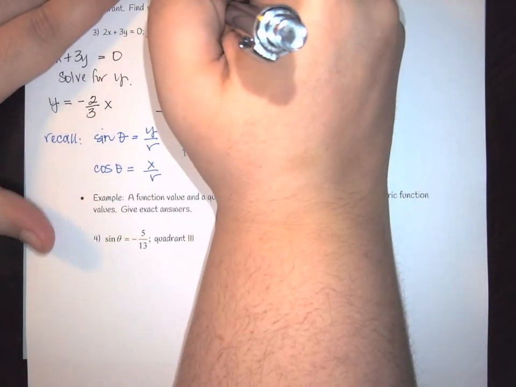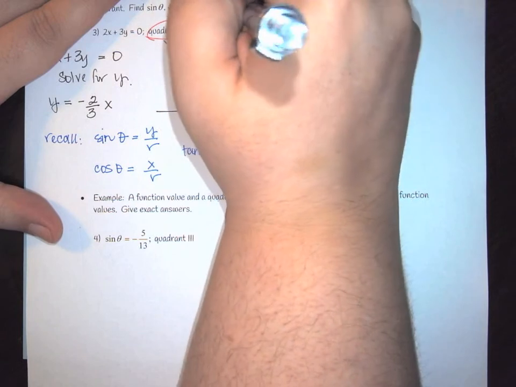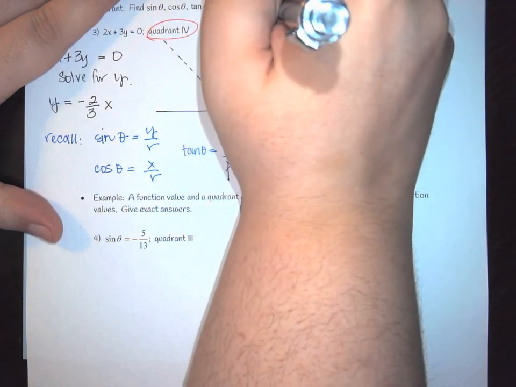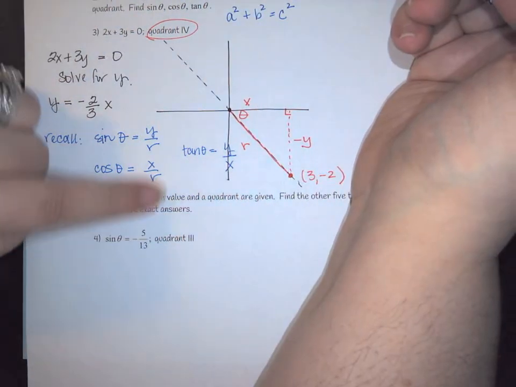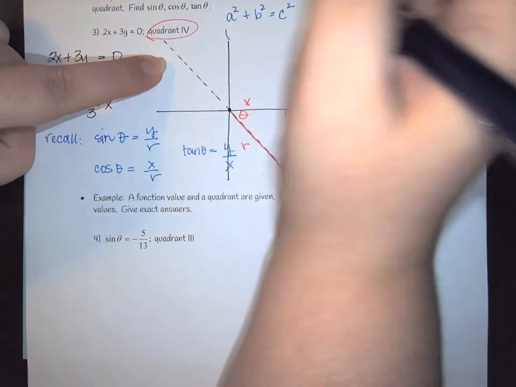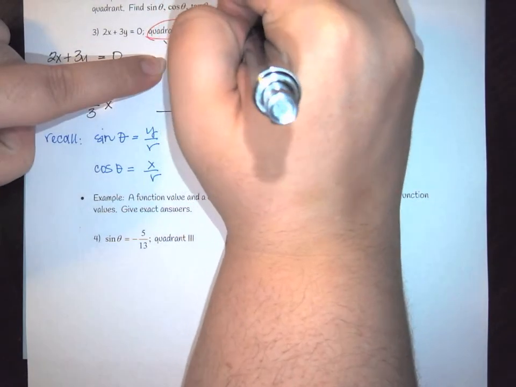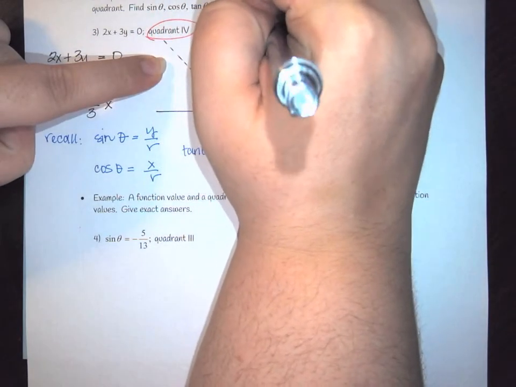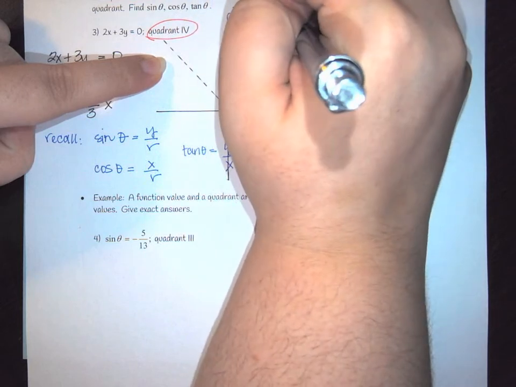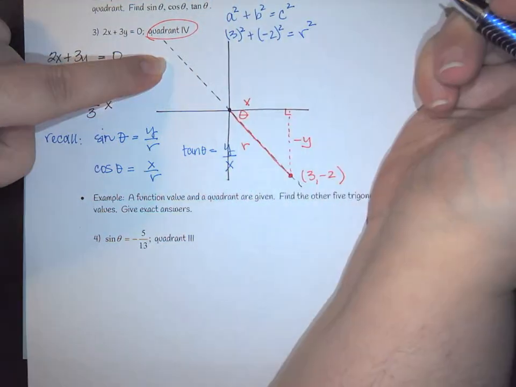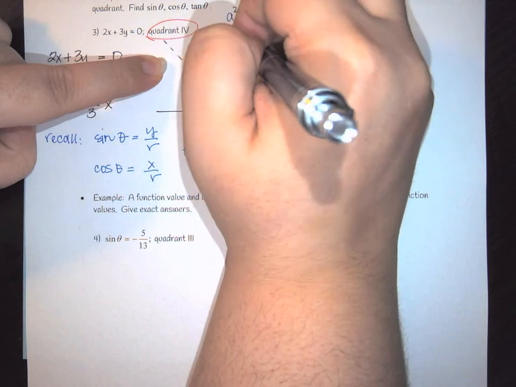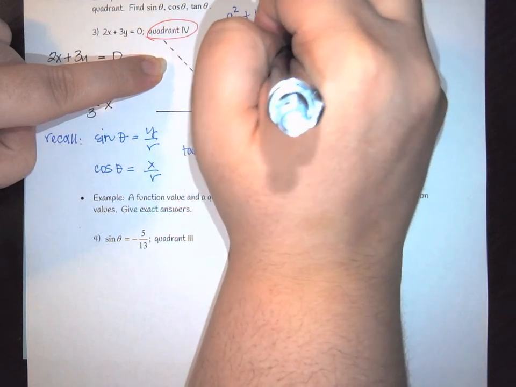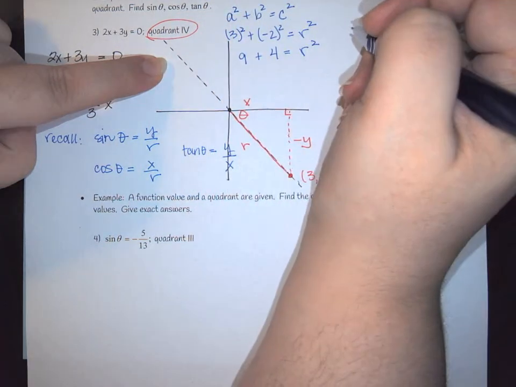So we have again that a squared plus b squared equals c squared. My a, say, is going to be 3 squared, plus my b would be a negative 2 squared, equals, and this would be your radius squared. So I have 9 plus 4 equals my radius squared.